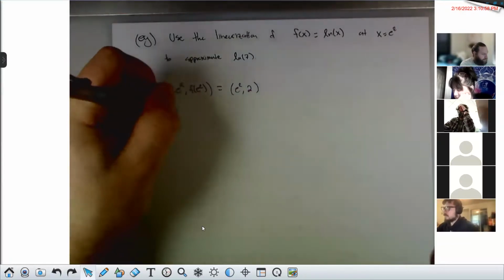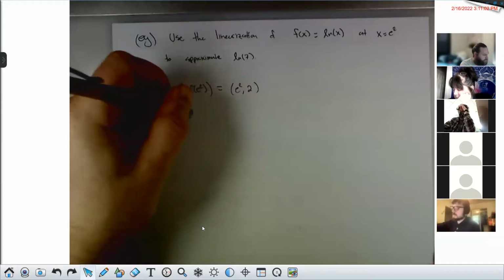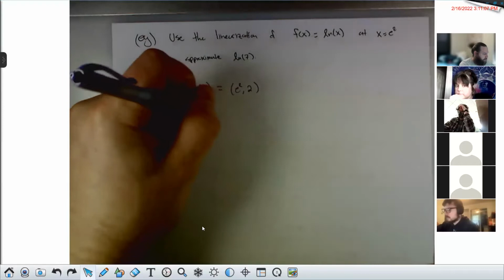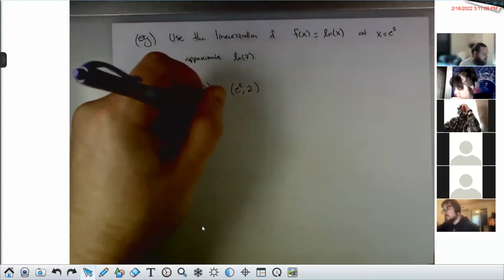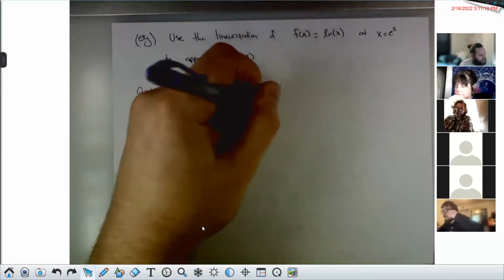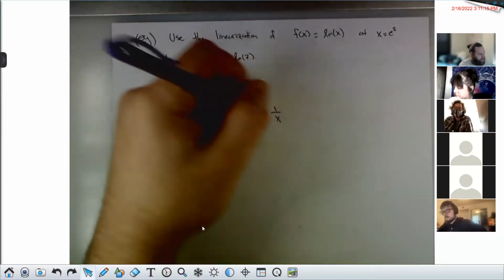My slope is going to be f primed of e squared. Oh, and we're not going to be able to get rid of those, are we? That's okay. Where f primed of x is the derivative of the natural log function, which is 1 over x.